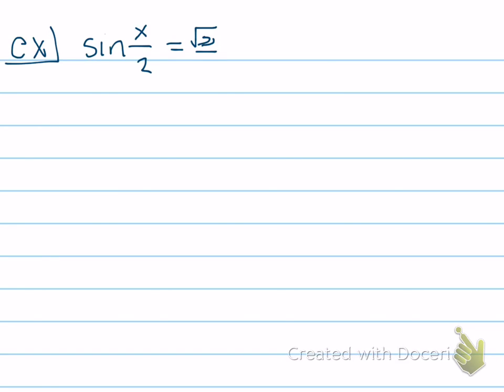Let me rewrite that. Root 3 over 2. Now the difference here is there is a restriction. The restriction is my x value has to be greater than or equal to 0, but less than 2 pi. So now I'm looking for a specific set of answers, not every possible answer.